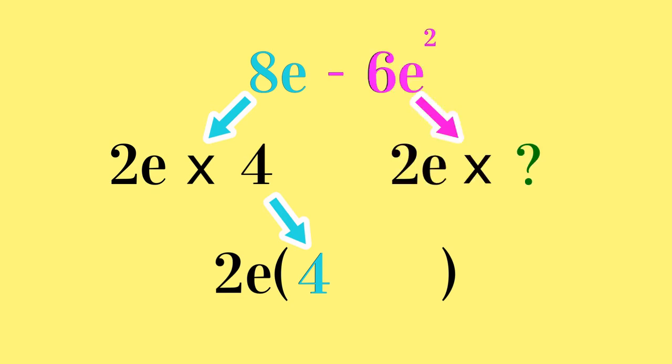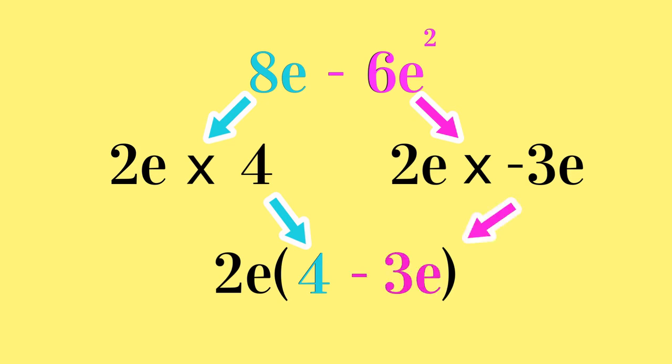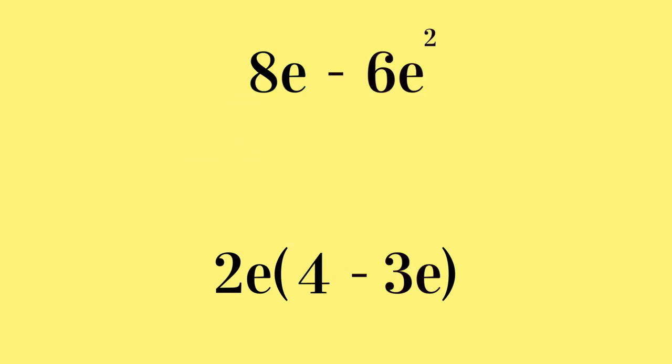To get negative 6, we multiply 2 by negative 3, and e must be multiplied by e to get e squared, so inside the brackets we put negative 3e. So the final answer is 2e open brackets 4 subtract 3e close brackets.